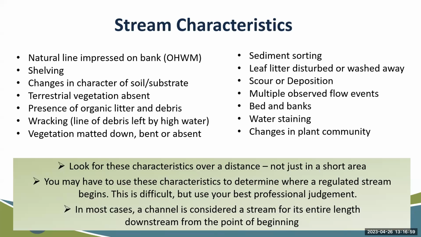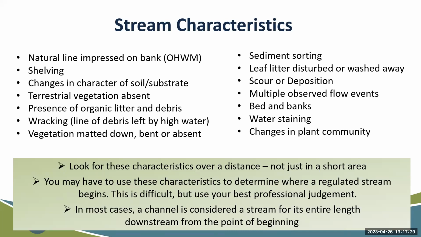One of the characteristics to look for is an ordinary high water mark, a natural line that's impressed upon the bank of that channel. Shelving located along the channel margins. Changes in the character of the soil or the substrate, so the soil or substrate along the bed of your channel looks different from the soil you're seeing in the banks.